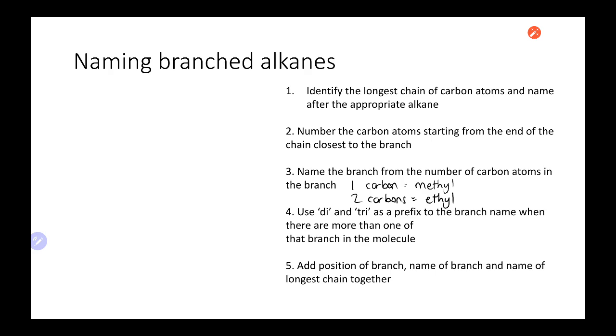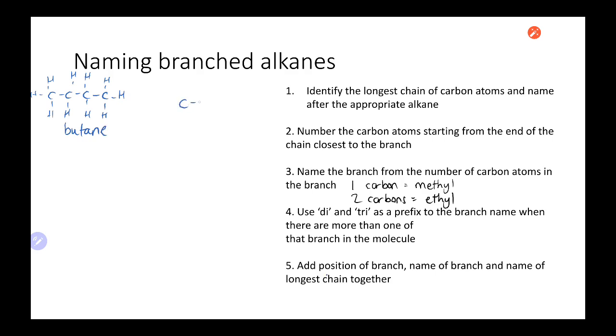So if we have, for example, butane, right? I just want to put this into context just so that you know what I mean by the term branched alkane. So if we've got 4 carbons here, we've got butane, right?